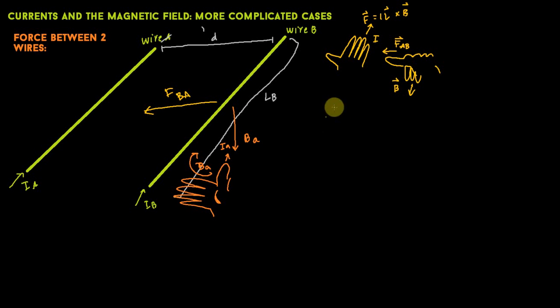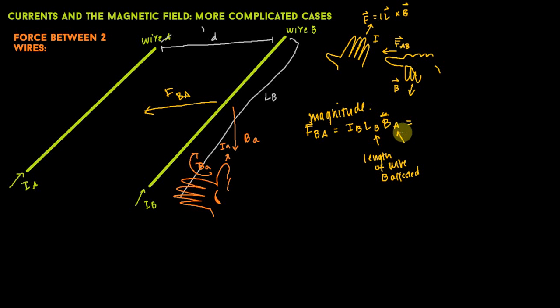So the magnitude, as I said right here, is our lovely friend, this cross product. The force of B on A equals the current in B times the length of B, that's just the length of B that is actually being affected by A, and then the magnetic field at B due to A. Again, this is the length of wire B affected, and I have to be careful because I don't want that to be confused with the B field.